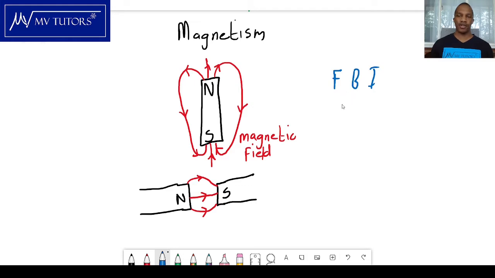So think of that when you think of magnetic field and stuff like that. So the F stands for the thrust force. Okay, the thrust or the force. And then the B stands for the magnetic field.